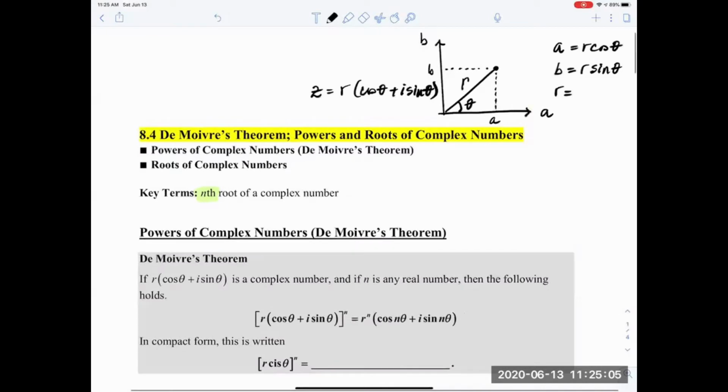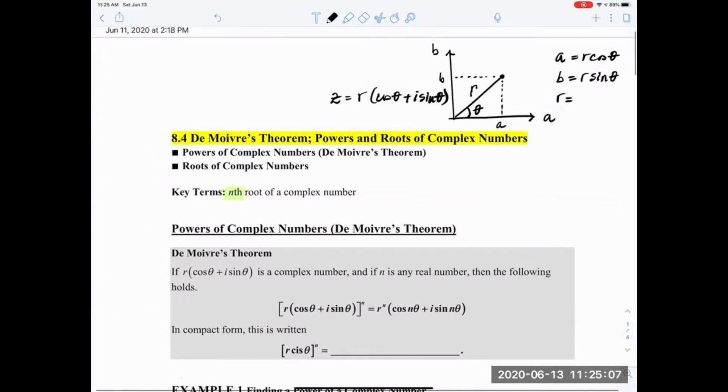R being the magnitude of Z, or the modulus as it's called, you find by applying the Pythagorean theorem: A squared plus B squared, square root of that. And finally, tangent of theta is given by the Y component over the X component, B over A, where A is different than 0.